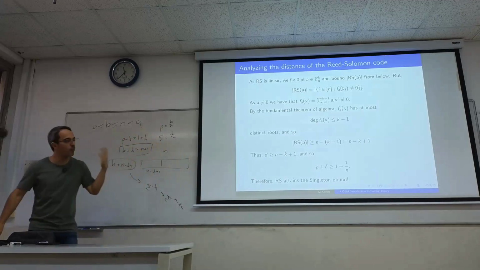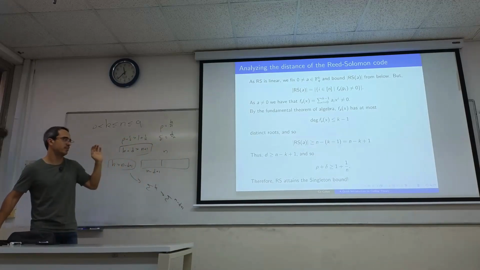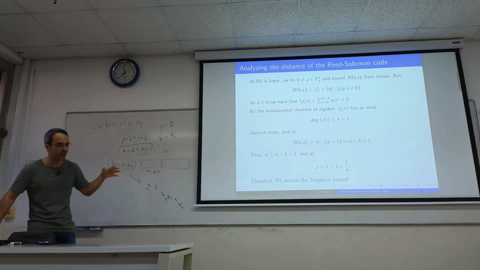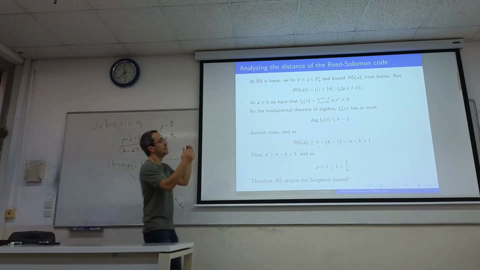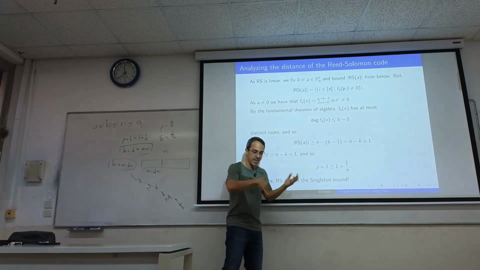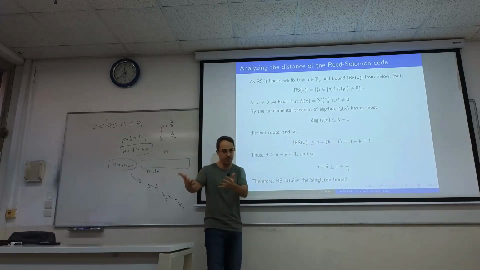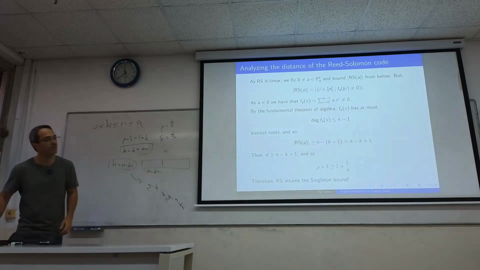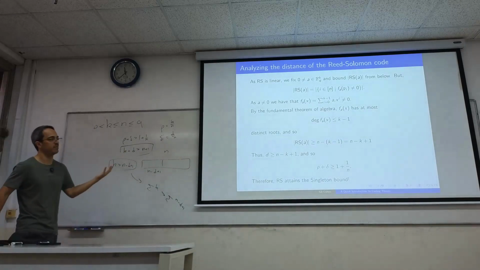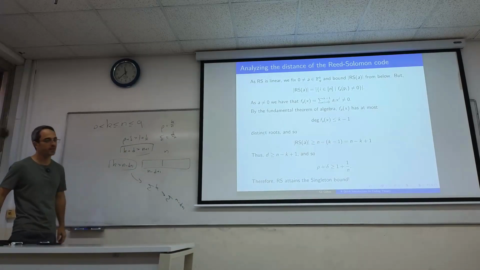So it's weird in the communication setting, and it has its own effects on any application that you have. Sometimes it's not a big effect, but sometimes the fact that the code requires the alphabet to be large translates to a loss in parameters and things you do care about, because the alphabet has some relation to the things that you started with and so forth.